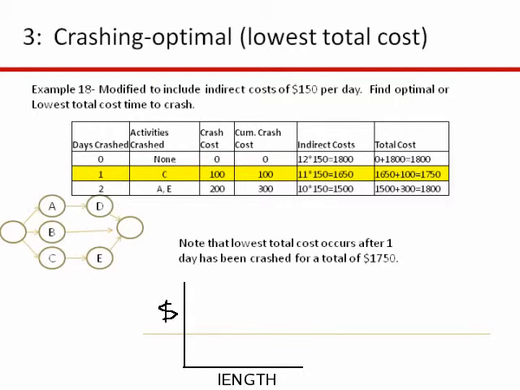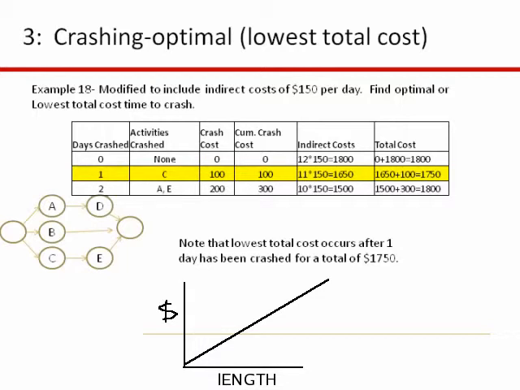All right, so as you can see here in this particular example, we have some indirect costs, or we have some costs that vary linearly with the length of the project. All right, so the longer the project is, the more these indirect costs are going to be.